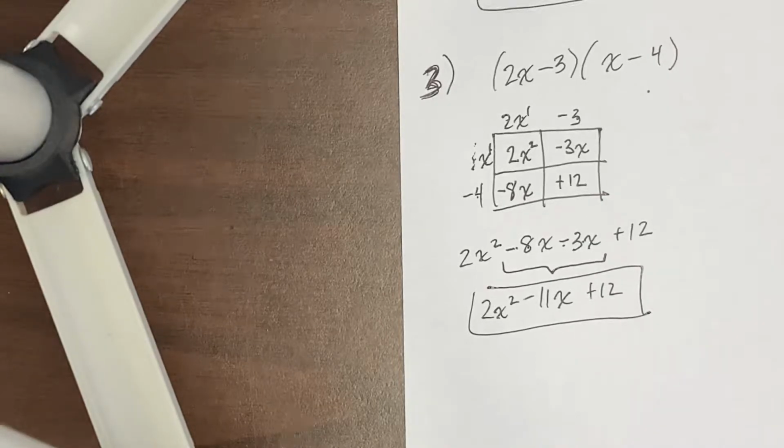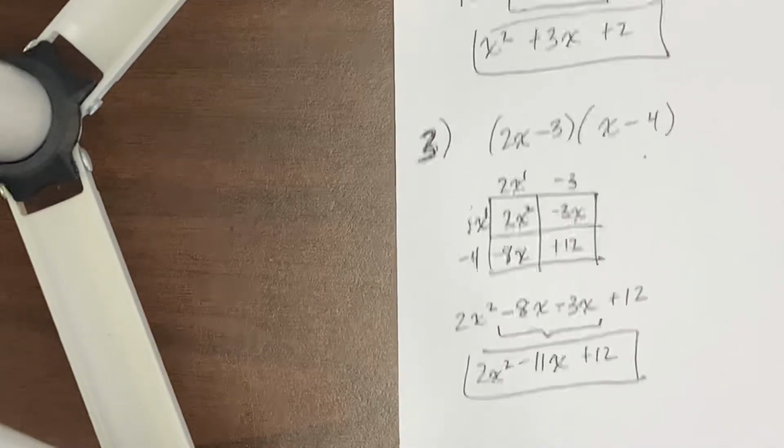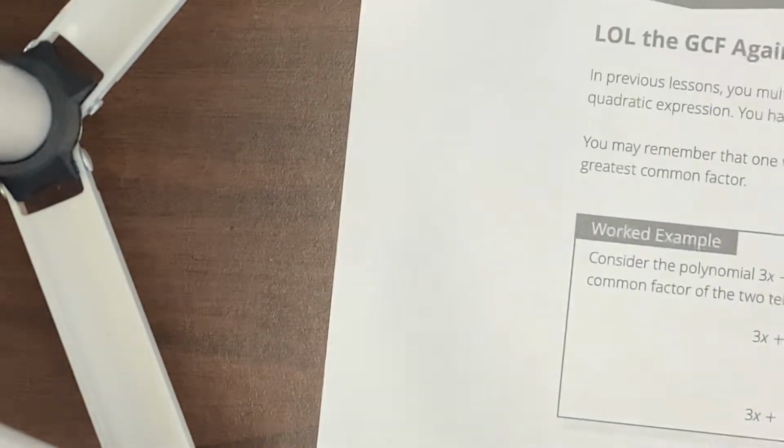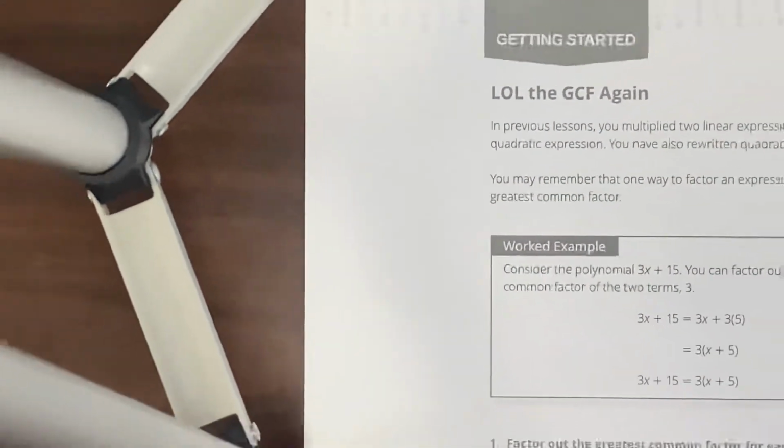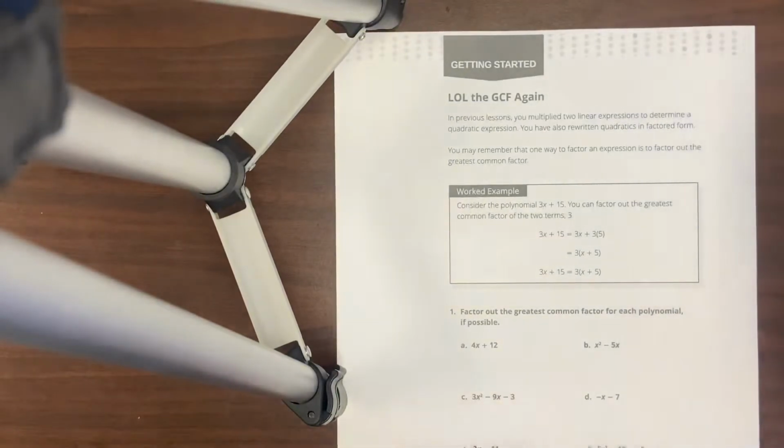Okay, how much time we're at? We're at 4 minutes. Let's look at this real quick. I'm gonna do the getting started on the same video, just so we can save some time. In the previous lessons, you multiplied two linear expressions, which is what we just did, to form a quadratic expression. You have also rewritten quadratics in factor form, meaning going backwards.